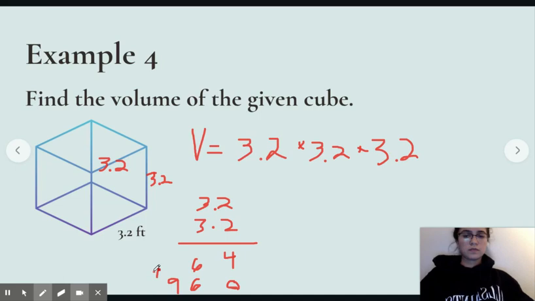Adding those up, that gives me, I'm going to move it over here, 4, 12, carry the 1, 10, 24, and I have 1, 2 decimal places to move, so it goes right there, times another 3.2, right?